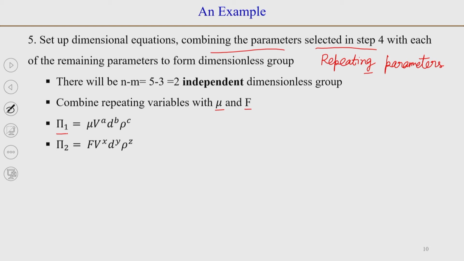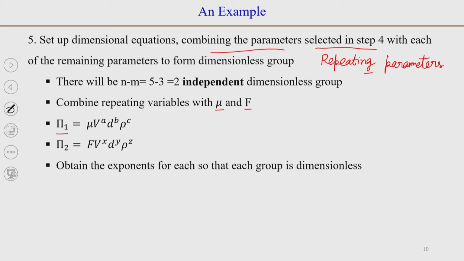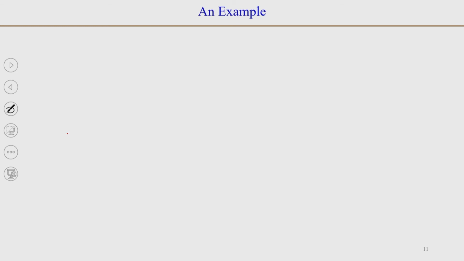So, now we need to select a, b, c in such a manner that these groups become dimensionless. Okay. So, we need to obtain the exponents. So, let us look at how we do it. Of course, we will need to write the dimensions for each.